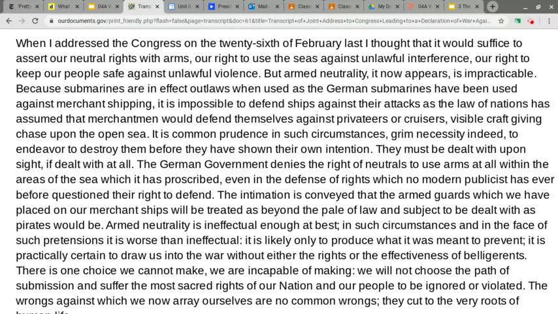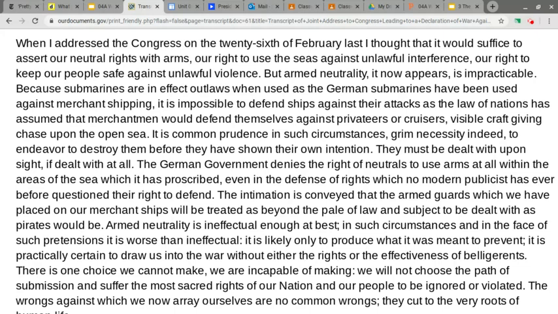The German government denies the right of neutrals to use arms at all within the areas of the sea which it has proscribed, even in the defense of rights which no modern publicist has ever before questioned their right to defend. The intimation is conveyed that the armed guards which we have placed on our merchant ships will be treated as beyond the pale of law and subject to be dealt with as pirates would be.